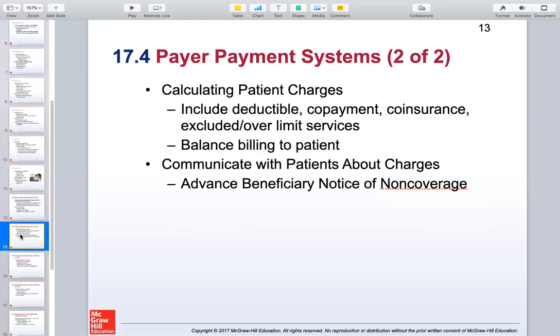So now we have to submit a refund to the patient, and then the insurance will cover that 80%. So sometimes when we collect up front, it does end up being that we have to provide refunds.